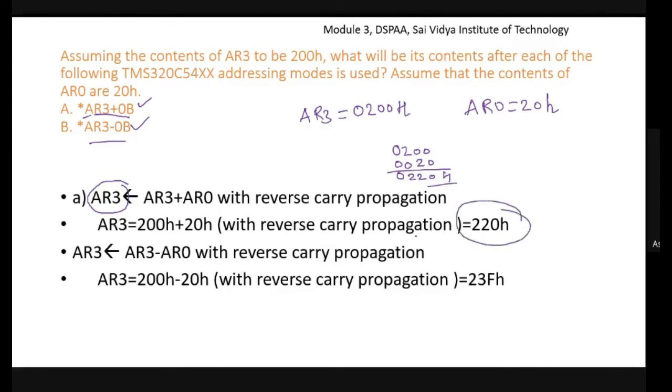Next one, AR3 is equal to AR3 minus AR0. In this case, we are subtracting the AR0 value from the AR3 value, but the subtraction is in reverse carry propagation manner.